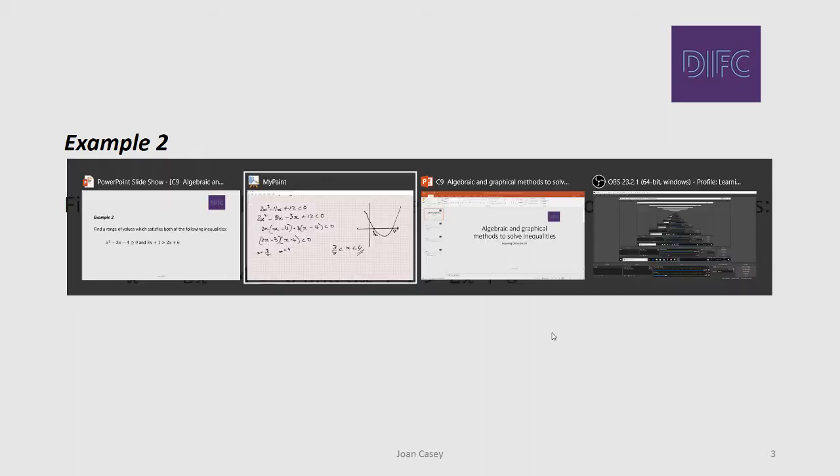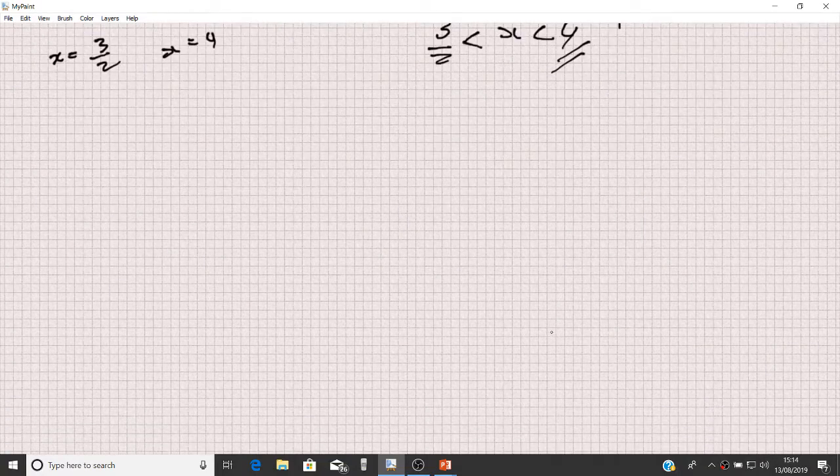I'll move over to the pad and note the quadratic first: x squared minus 3x minus 4 is greater than or equal to 0.